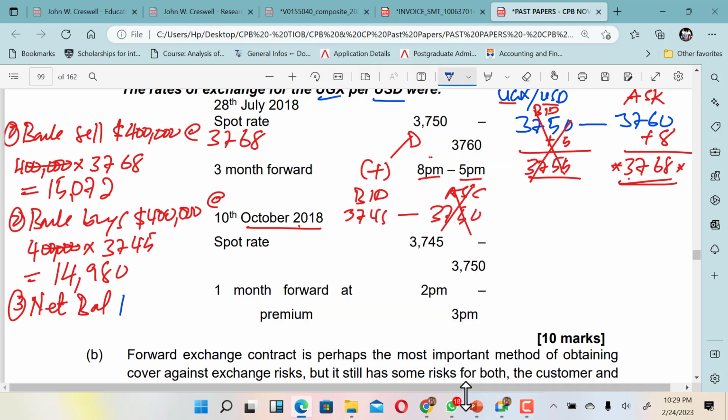So we're going to take 15,072 minus 14,980. Here we're going to get 92. Now remember our 5 zeros, 1, 2, 3, 4, 5. So 1, 2, 3, 4, 5. Now in threes.